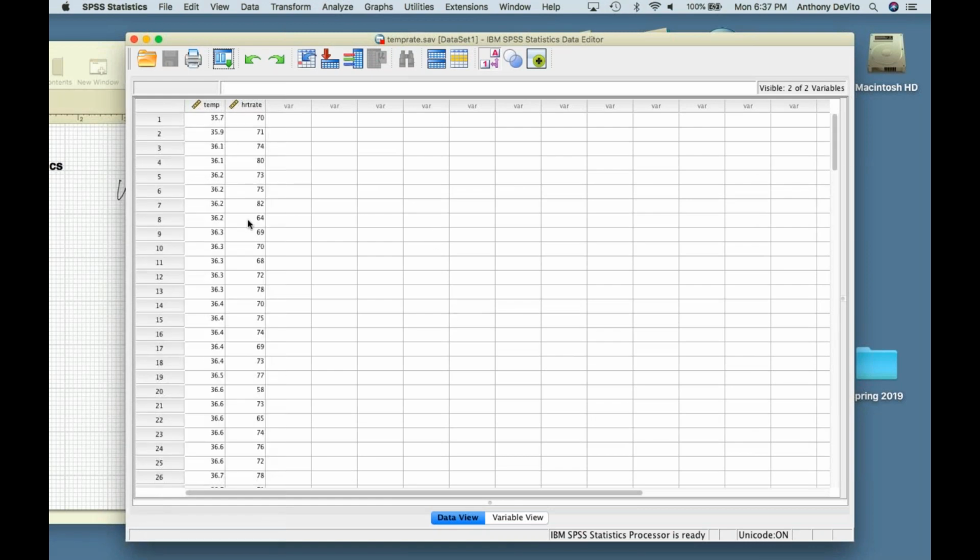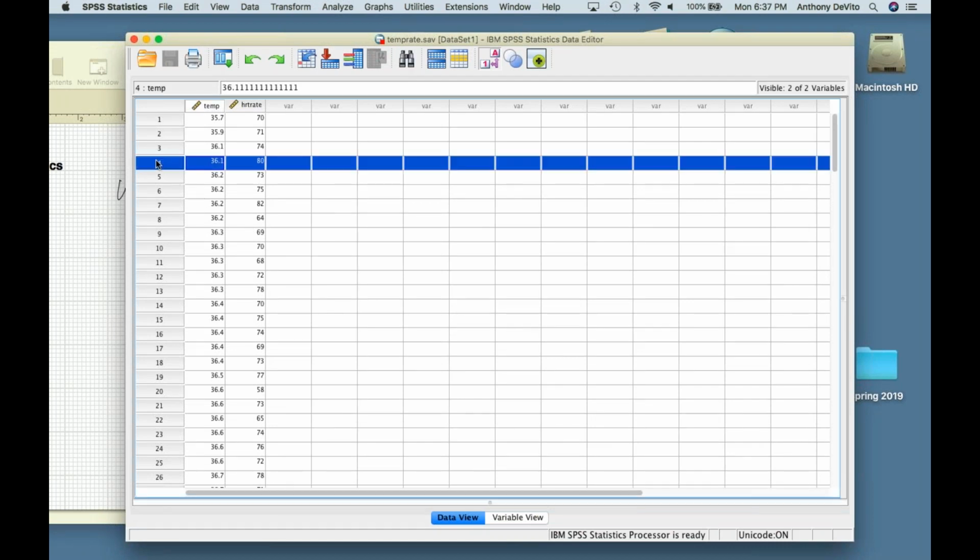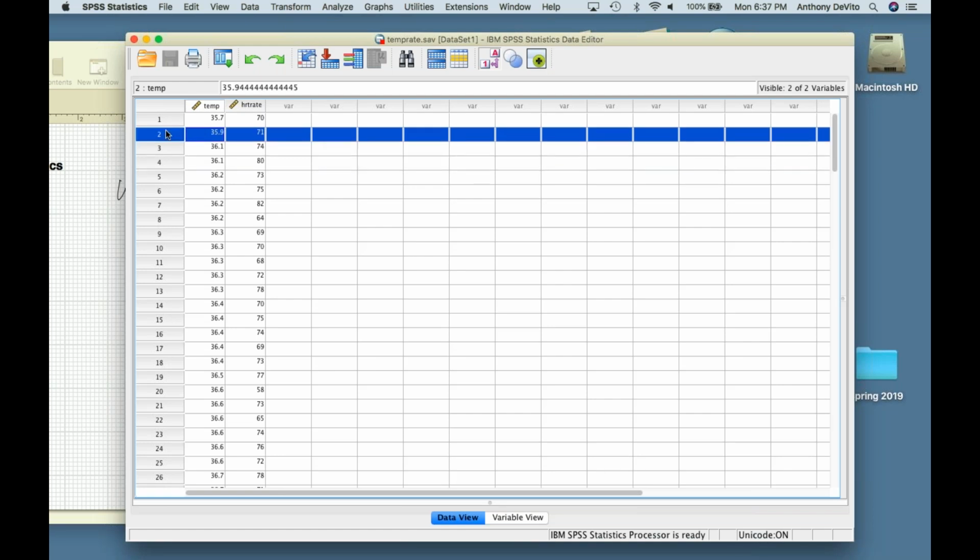We randomly sampled 130 people from the population and measured the person's temperature, which happens to be in centigrade rather than Fahrenheit, and their heart rates. We're curious to see if there's a relationship between these two. No causation yet. We're just looking at whether or not there's a relationship.